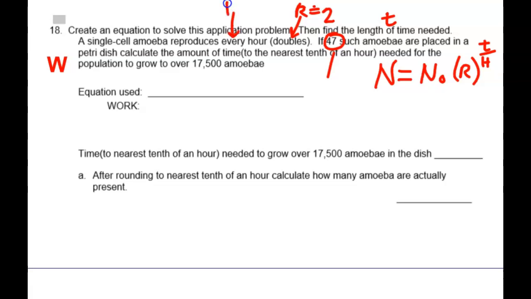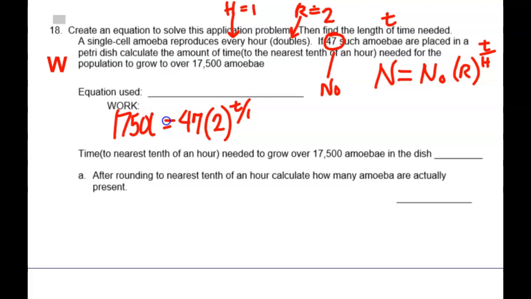So that means H is just 1 for this example. 47 are the original amount. So you would have 47, they are doubling, but it's only every single hour, and you want it to become 17,500. Okay. I feel like all we've done is these for 3 weeks, but you divide first.